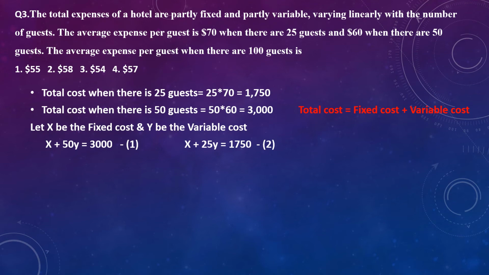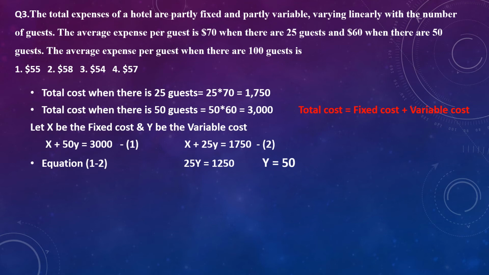To get only one variable, we have to subtract equation 2 from equation 1. So equation 1 minus 2: x minus x gives 0. So 50y minus 25y gives 25y is equal to 3000 minus 1750, which is 1250. That is y is equal to 50.